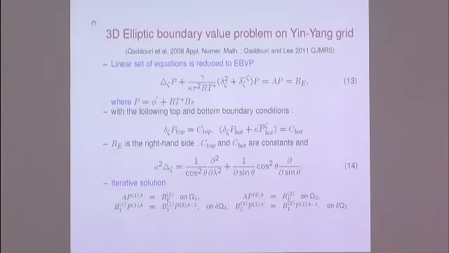So this is the elliptic problem. We can write it as an operator A acting on big P, equal to the right-hand side. P is a combination of the geopotential and S, which is log surface pressure. So we have the following bottom and top boundary conditions.